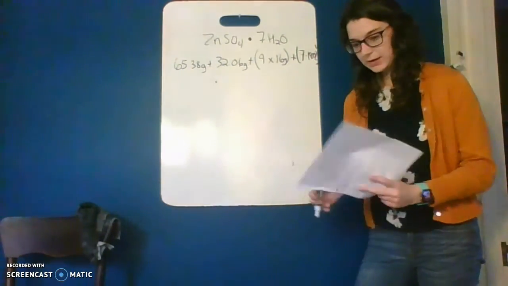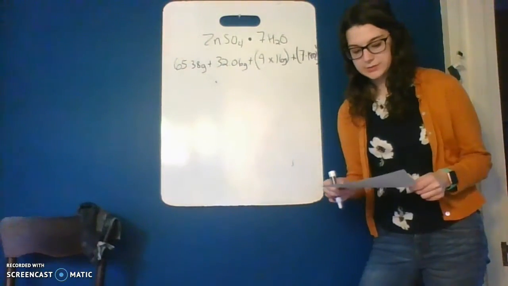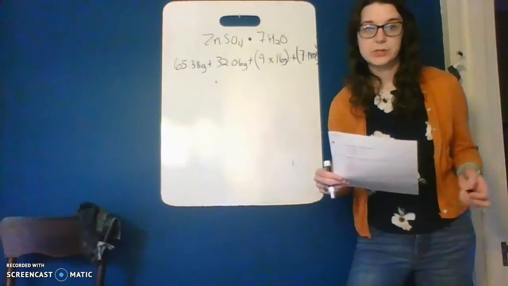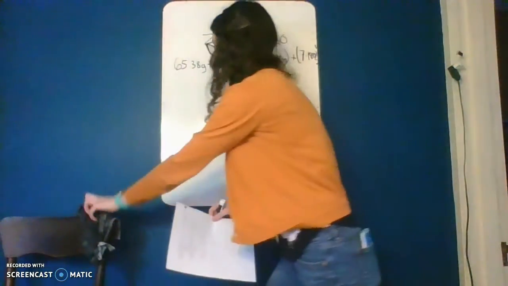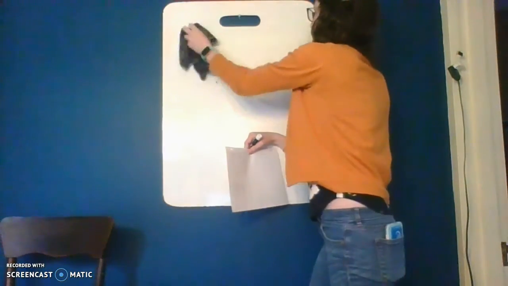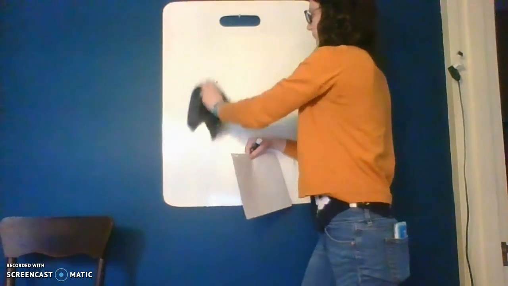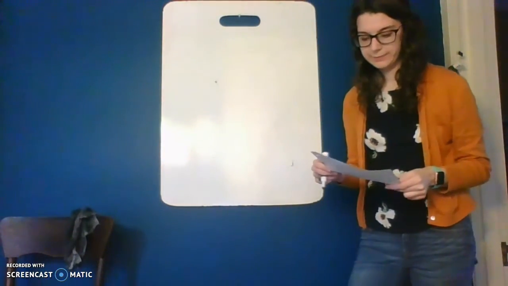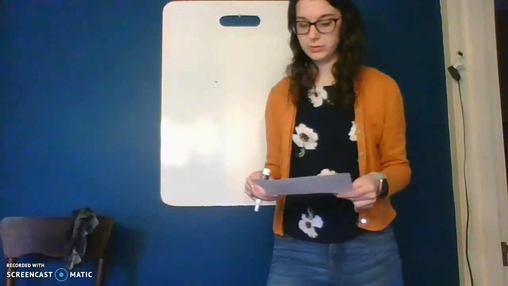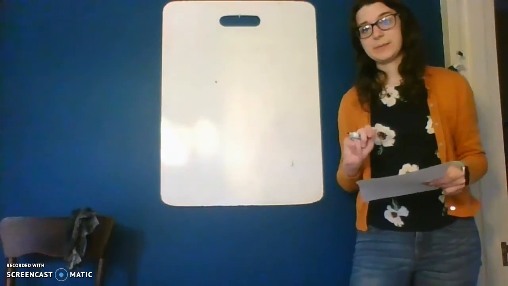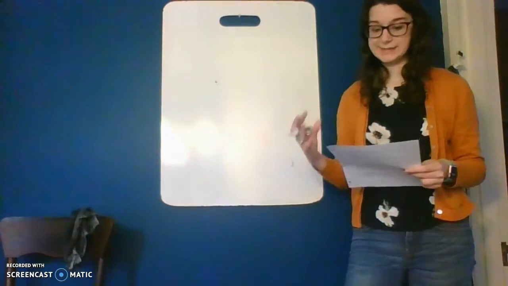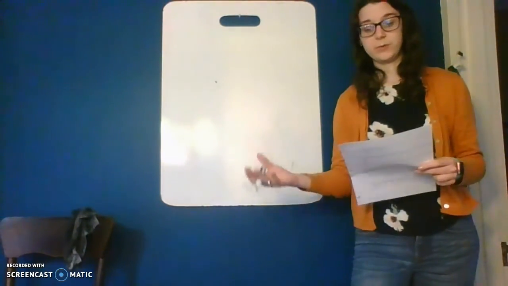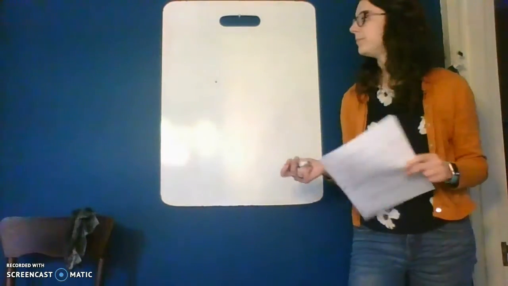The final problem I want to walk through together is number 7, which is located on the back of the worksheet. It wants to know how many grams of gold can be recovered from 45 grams of gold(II) chloride. First step, I need to figure out the formula for gold(II) chloride.